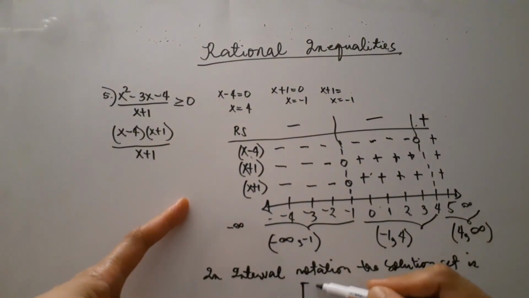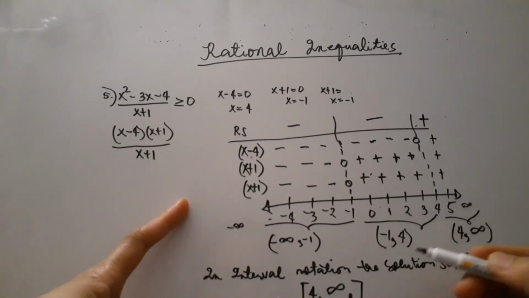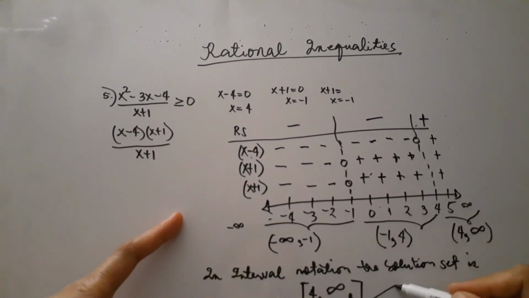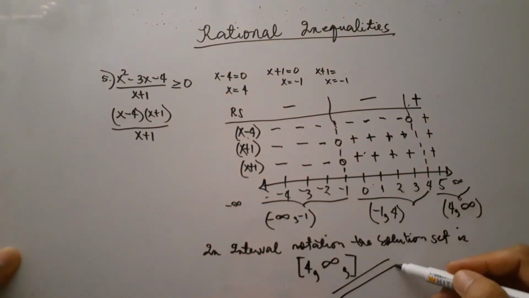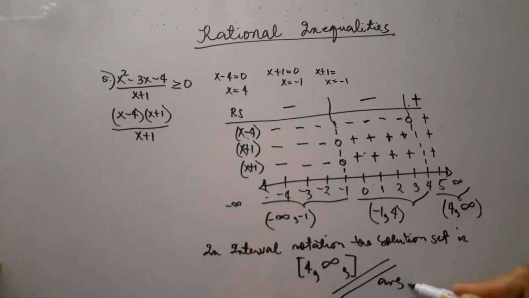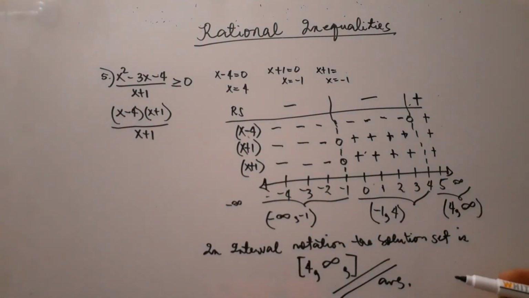We need to use the closed interval because 4 is included in the solution set, because 4 is greater than or equal to 0. And this is the answer, 4 and positive infinity.